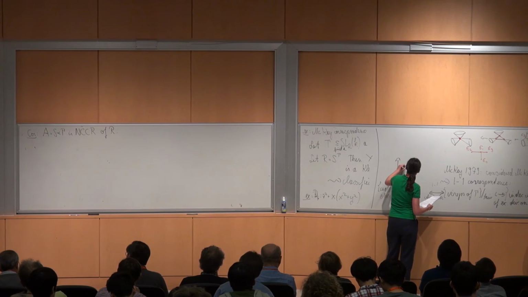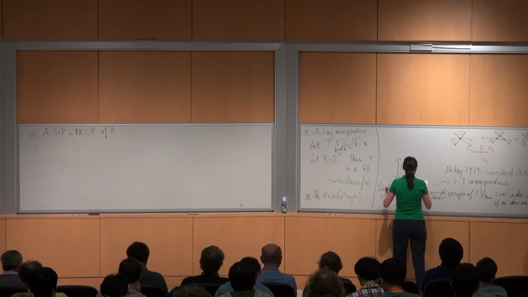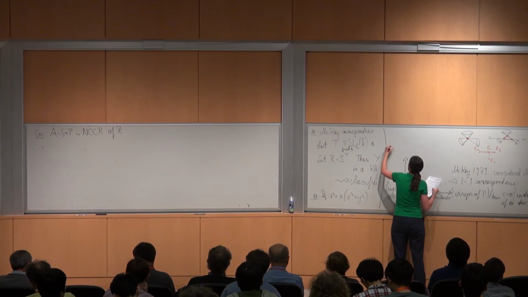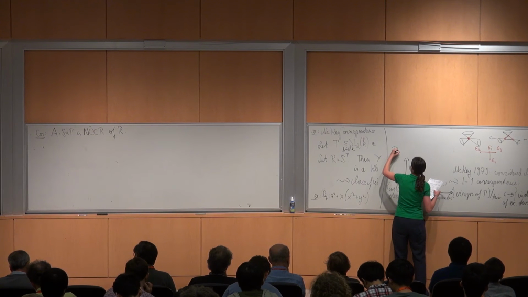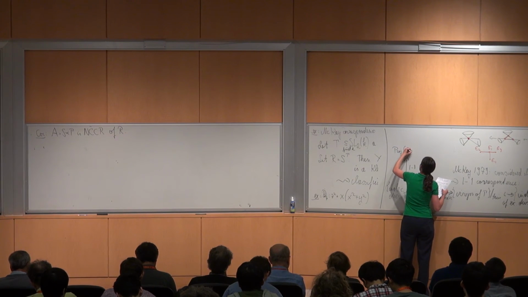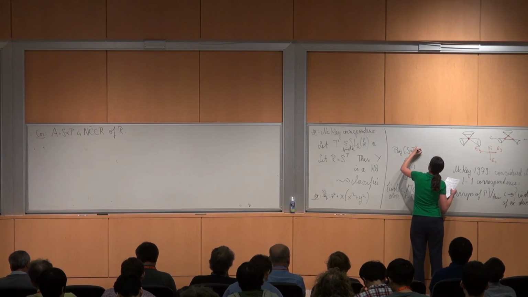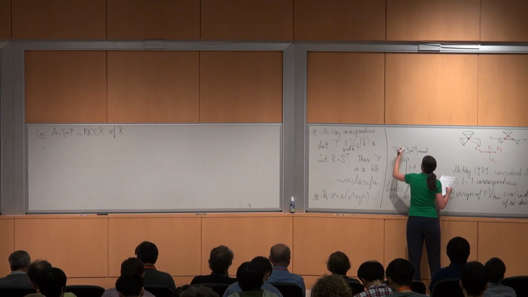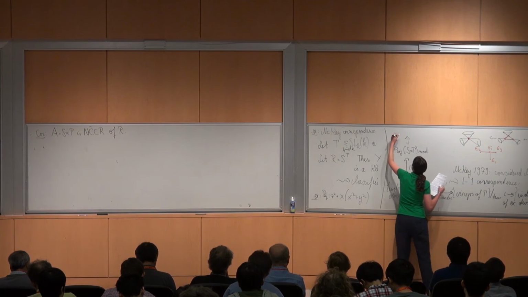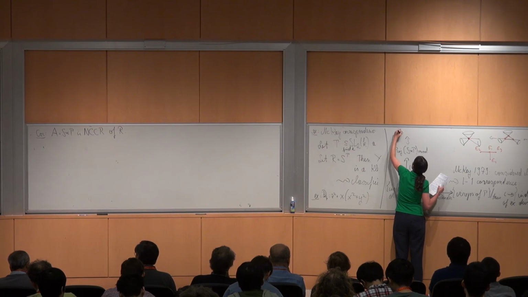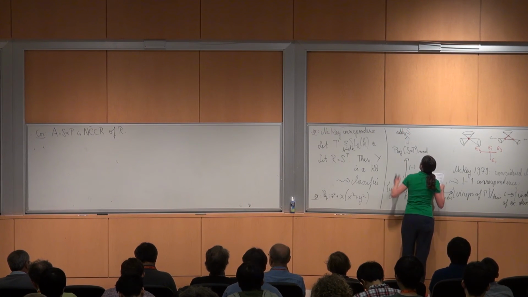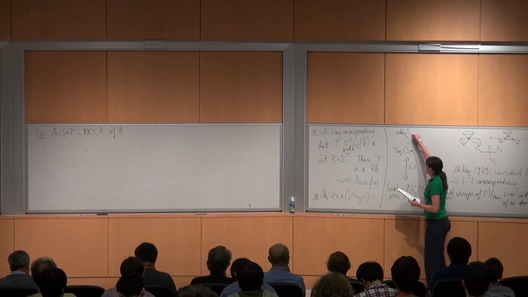we also get a one-to-one correspondence between the indecomposable projective S star gamma modules, and this is also one-to-one to the R summands of S. So S is an R module.